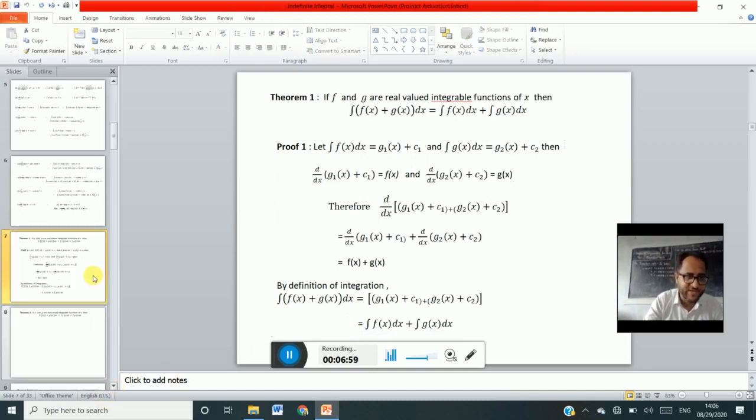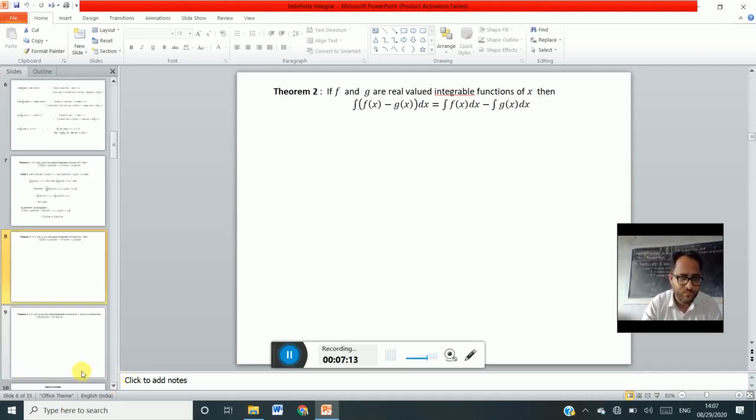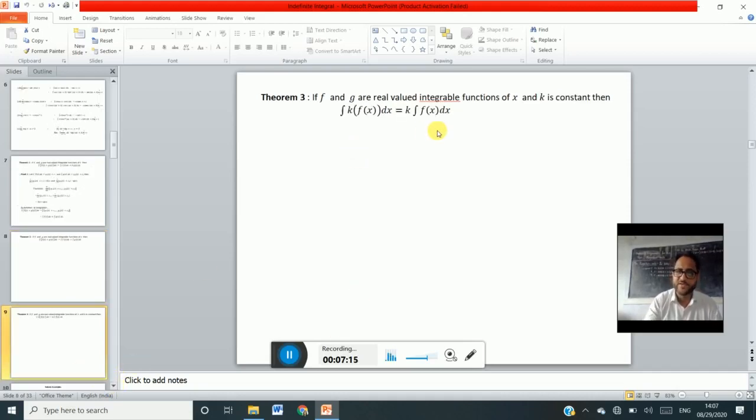And the second one, for the negative symbol, can be proved very easily in the same way. So you try to solve that one. Okay, and what is next? Again it's the theorem that the integration of k into f of x dx equals k into the integration of f of x.